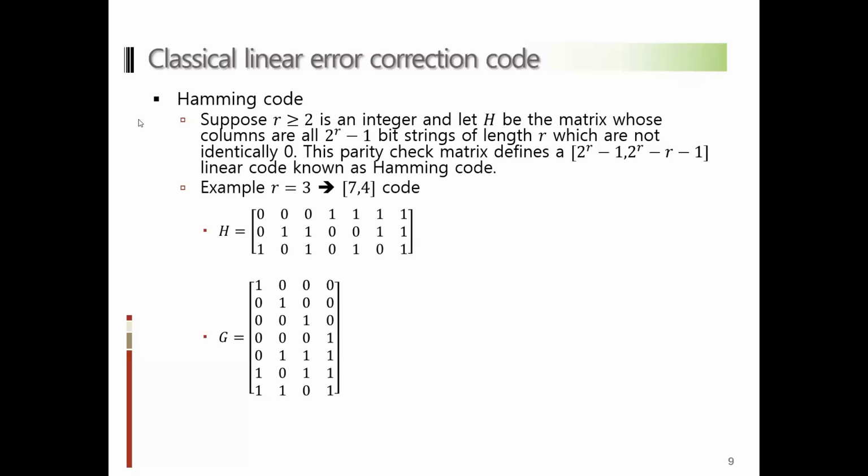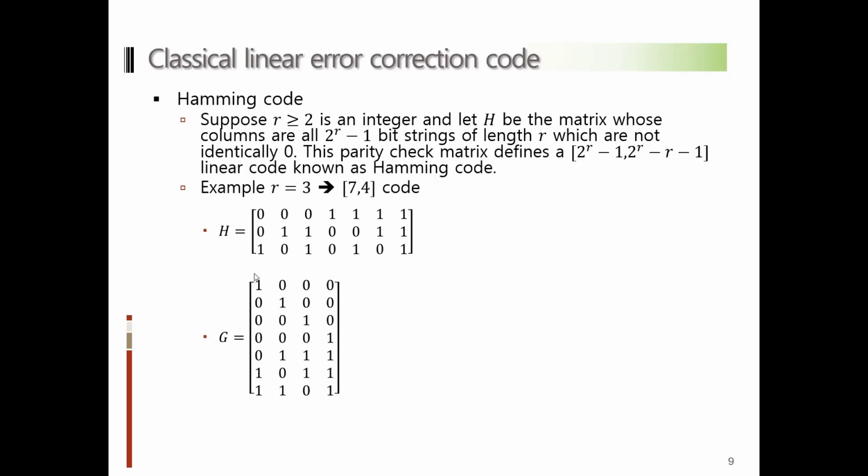So if we generalize what we discussed, or maybe I should say if I give you a special example of the previous discussion, then one of the most popular codes is called the Hamming code. To explain the generalization of the Hamming code will require some more time, and because I'm already running out of time, I will just briefly introduce the shape of the Hamming code parity check matrix.